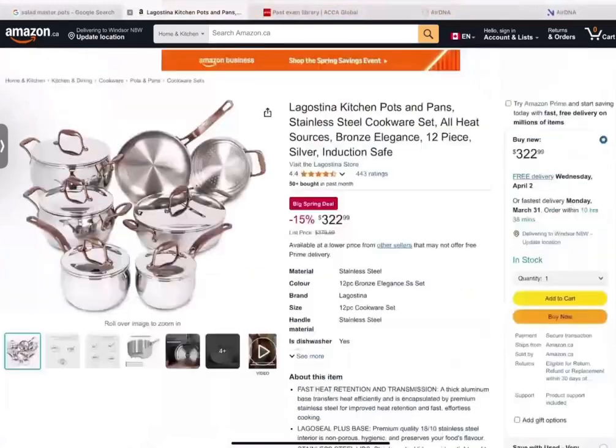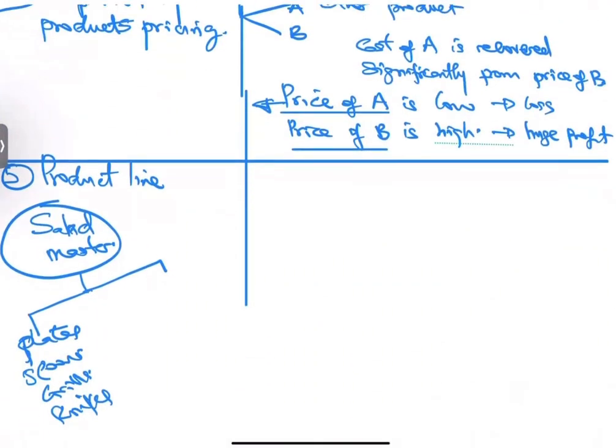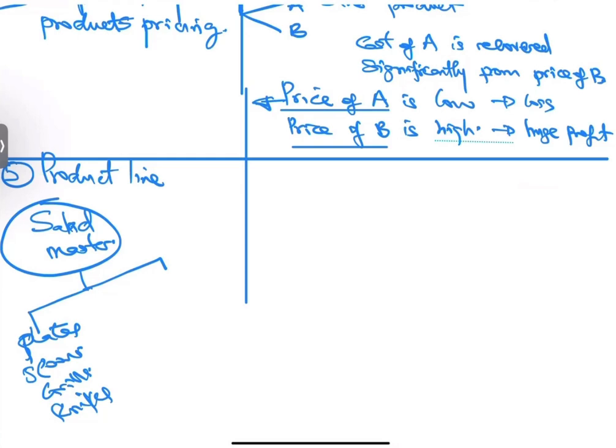It's something like this that we're talking about as product line. In that case, what you are doing is that you are not pricing each pot separately. You put different pots together, different products together, but you price it as one, so that if one is incurring more costs and one is more profitable, on average, you are still able to break even, right?